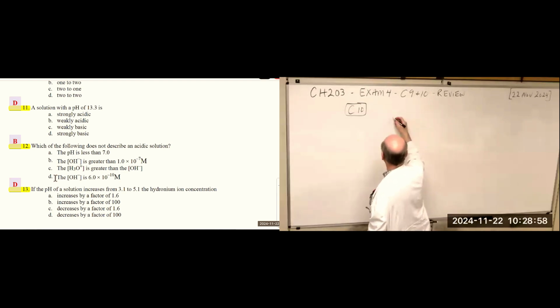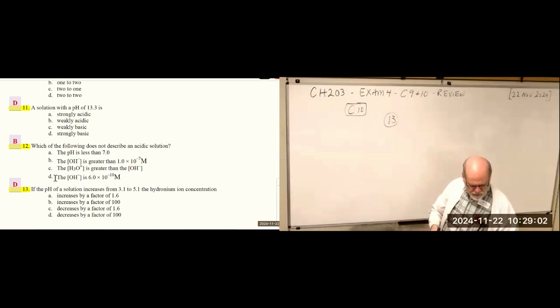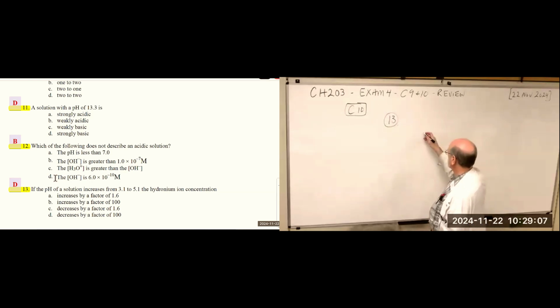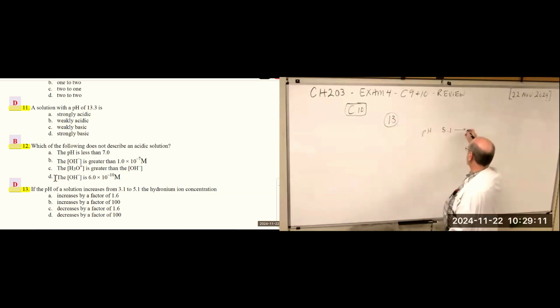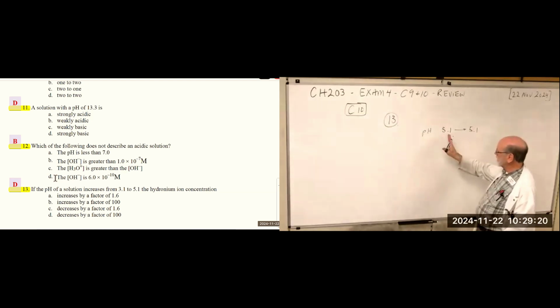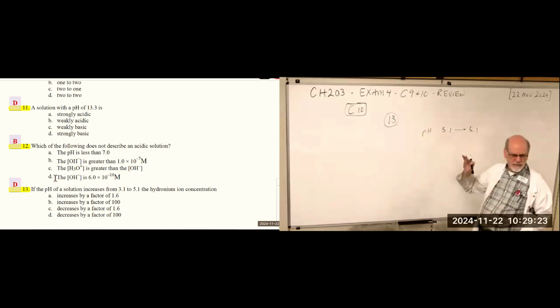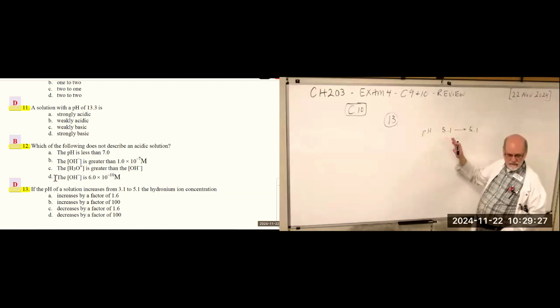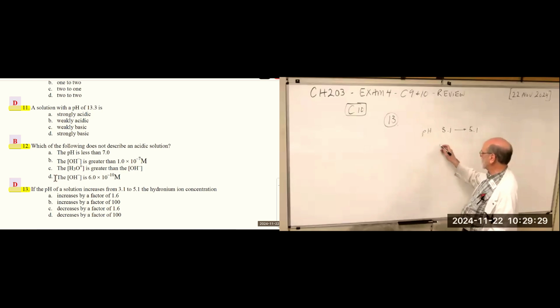Thirteen. If the pH of a solution increases from 3.1 to 5.1, so pH from 3.1 to 5.1, the hydronium ion concentration, what? If the pH goes from this number to this number, remember it works backwards. So what factor has it decreased the hydronium ion concentration?